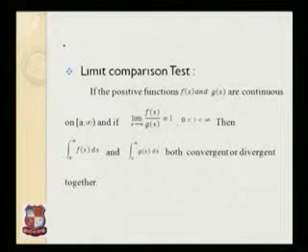The necessary condition is that the limit of f of x upon g of x should be a finite, non-zero positive number. Then we can apply this limit comparison test.